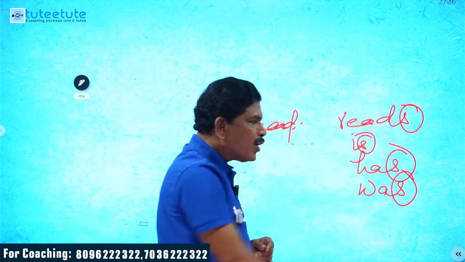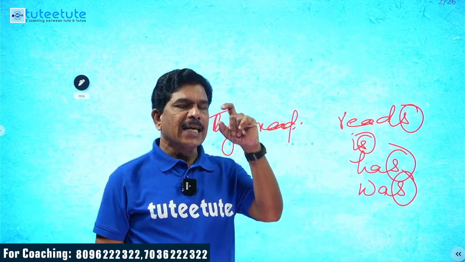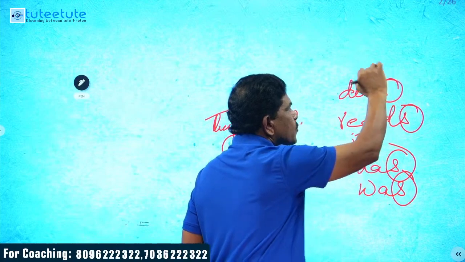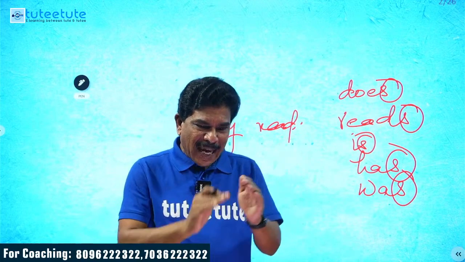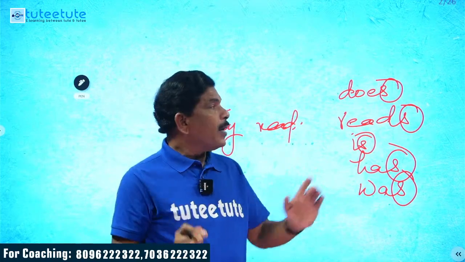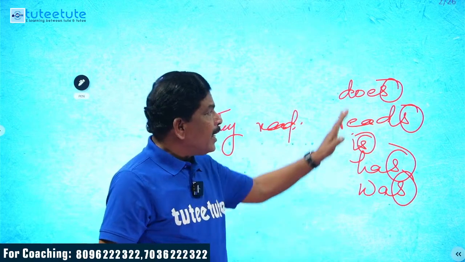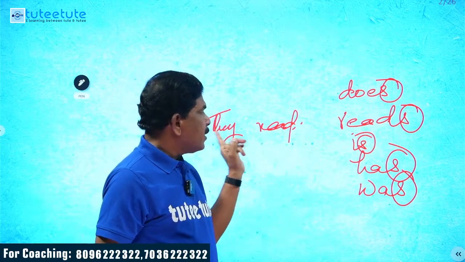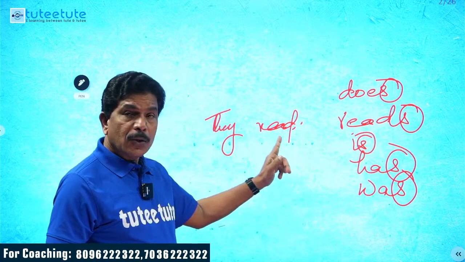In all the singular verb forms, there is an S ending. Another is does. So if the verb ends in S, you can say it is singular. If it does not end in S or ES, that is plural. That is why we have used they read here.